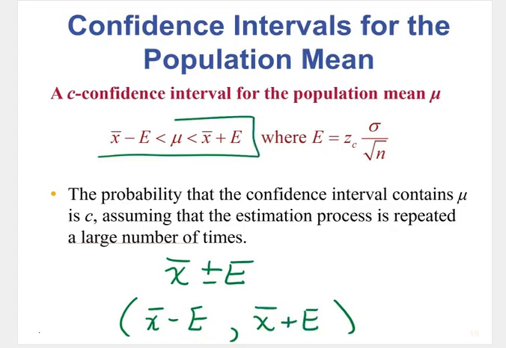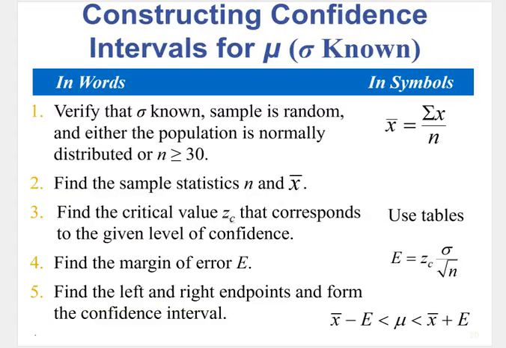Most people leave it in inequality notation, but all three of these are equally legitimate ways to answer this question, and you will see it written differently depending on who is writing the article or the textbook that you're reading. But in general, here are the steps that we need to construct a confidence interval.